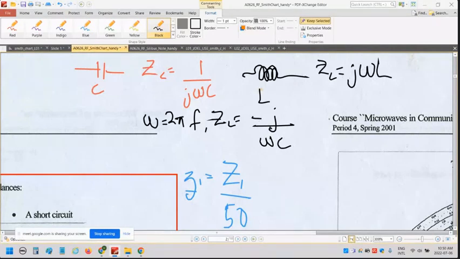How do you get negative j? Because you multiply by j, so j squared, which is negative 1. That's why we get negative 1 here.